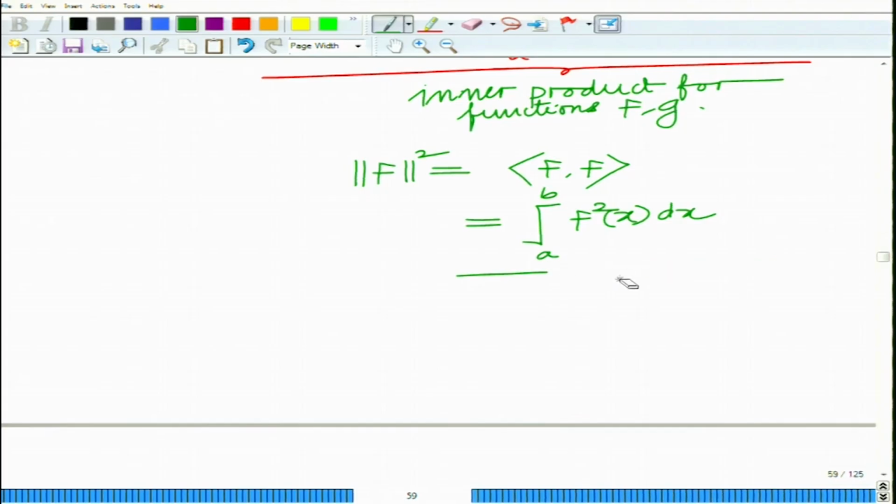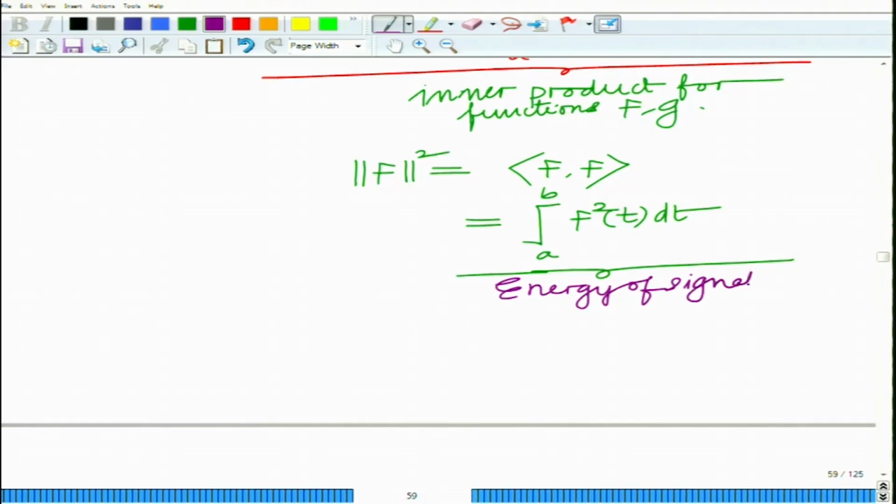That is, if I think of this as a signal in time, this is basically the energy of the signal in the interval a comma b.